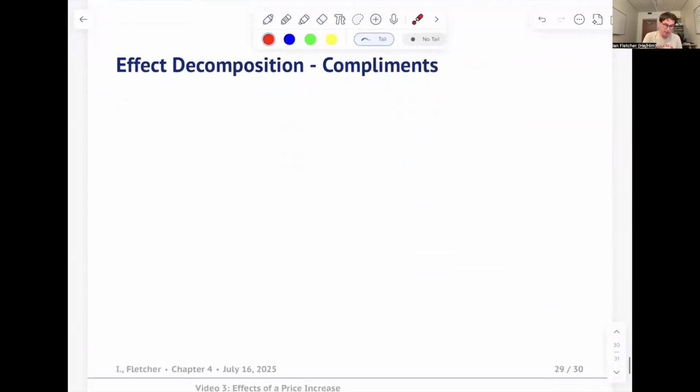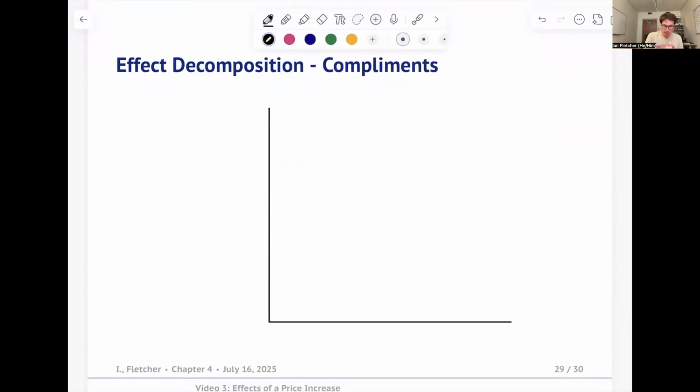If we wanted to look at something for perfect complements, we would be able to look at something similar. We could remember our indifference curves for perfect complements are very simple. They're going to be right angles. We don't want more than one good here, right?